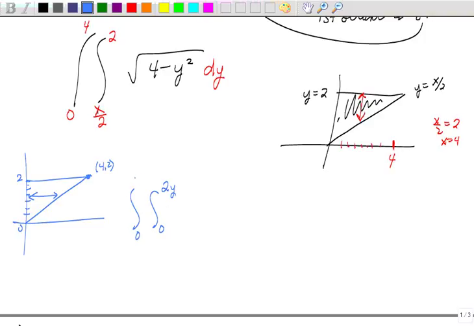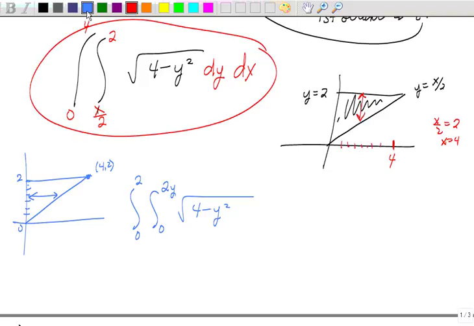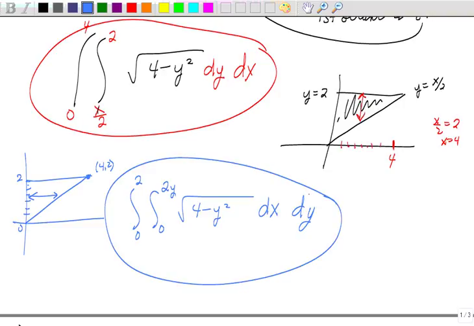So 0 to 2. This is a dx. All right, so that's one way. And the other way, this is going to be dx dy. That's going to give you the same answer. I'm not going to do the integration here because that's pretty simple. You can see which way is easier to do.